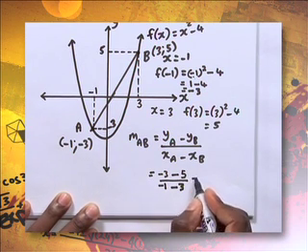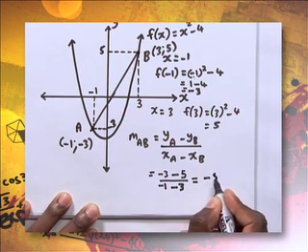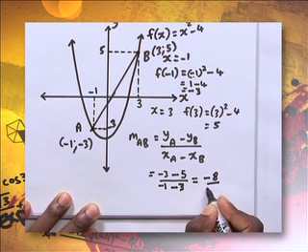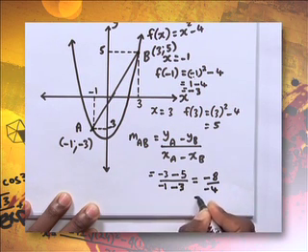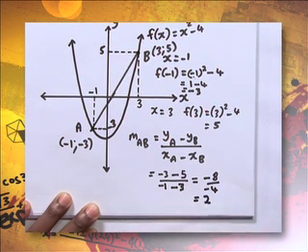So the top gives negative 8, then the bottom gives negative 4. What's the final answer? It must be 2. And that makes sense because the gradient of that line is sloping positive, the line is going to the right.